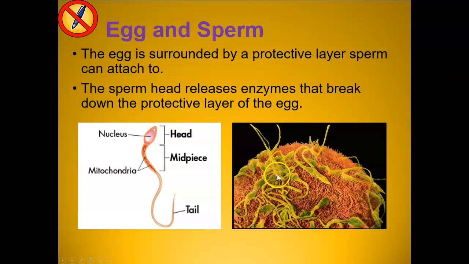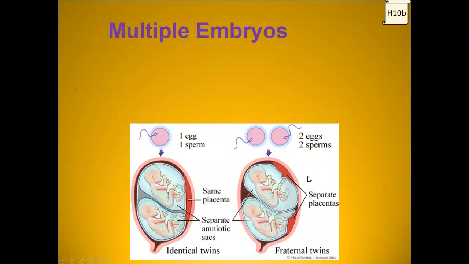One thought people have is that the fastest sperm is the one that fertilizes the egg. Not necessarily, because the fastest sperm can get there and break down a little bit of that protective membrane, but may get lost or discarded, and then another sperm can come in and use that opening the first sperm created to go all the way through.